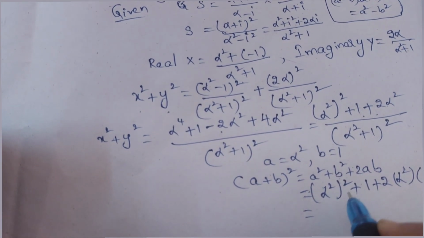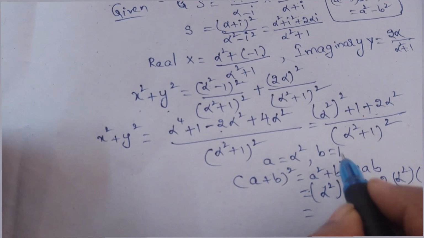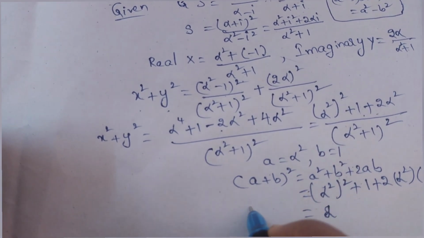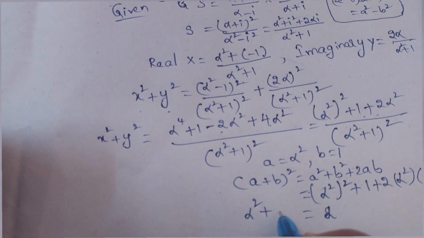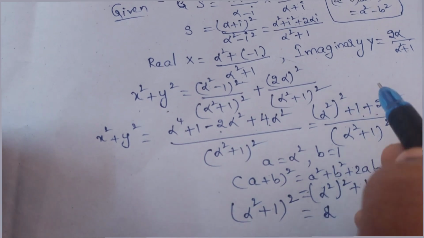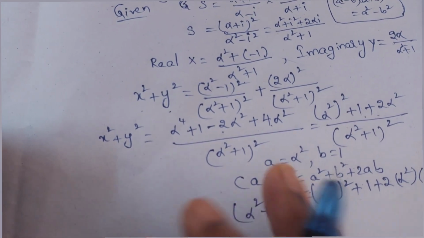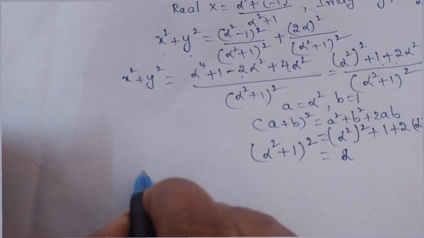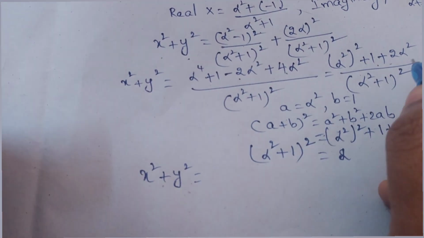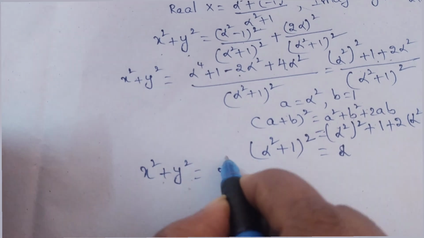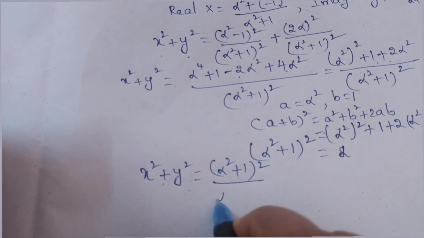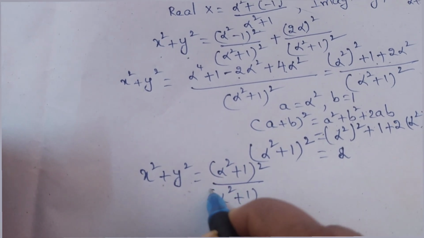So it looks like this form, and I can write it as a plus b whole square, where a is alpha square and b is 1. Now replace the numerator by alpha square plus 1 whole square. So x square plus y square equals alpha square plus 1 whole square divided by alpha square plus 1 whole square.